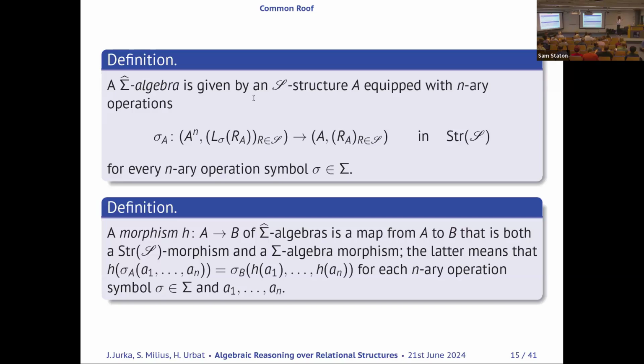And also here we have this lifted domain. A morphism is then simply a morphism of structures and also an algebraic homomorphism, so it preserves operations.